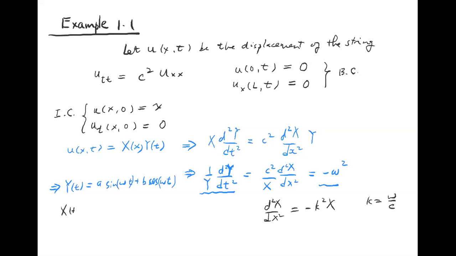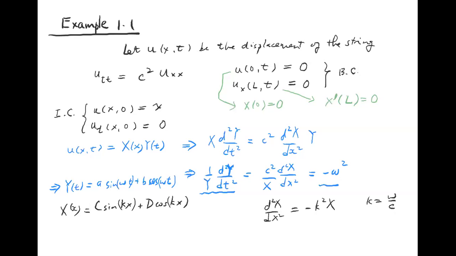So X equals c sine kx plus d cosine kx. So what are the boundary conditions now? From the boundary conditions, X(0) has to be 0, and from the other end, X prime at L equals 0.